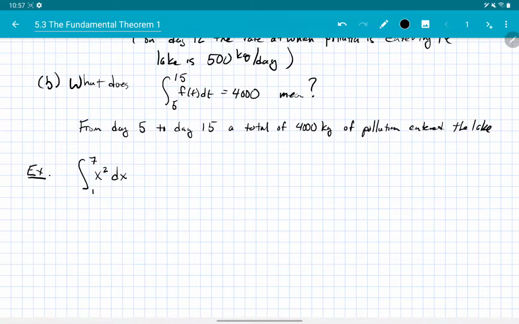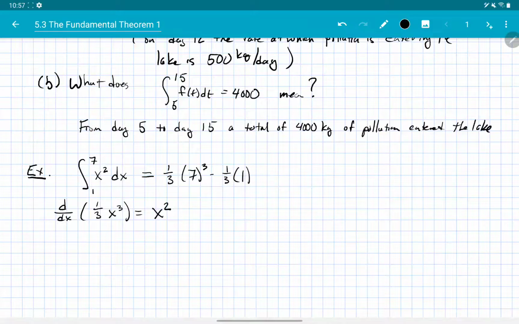Okay, so from before we would think this is a very complicated problem. But if we note that the derivative of 1/3 x cubed is exactly the function x squared, this allows us, via the fundamental theorem, to immediately say that this is 1/3 of 7 cubed minus 1/3 of 1 cubed. Okay?